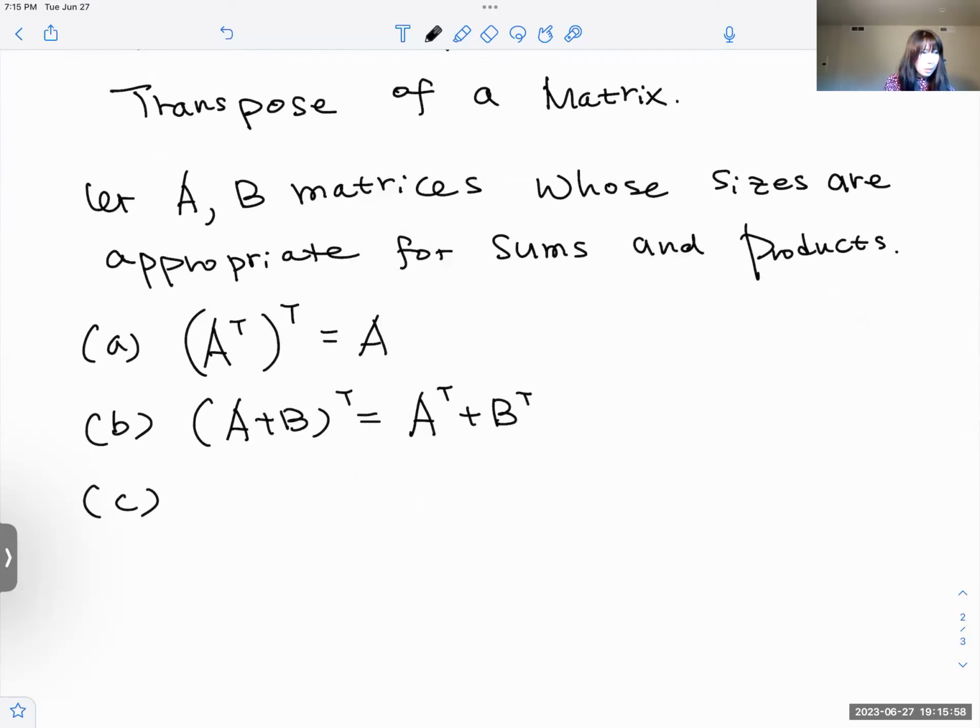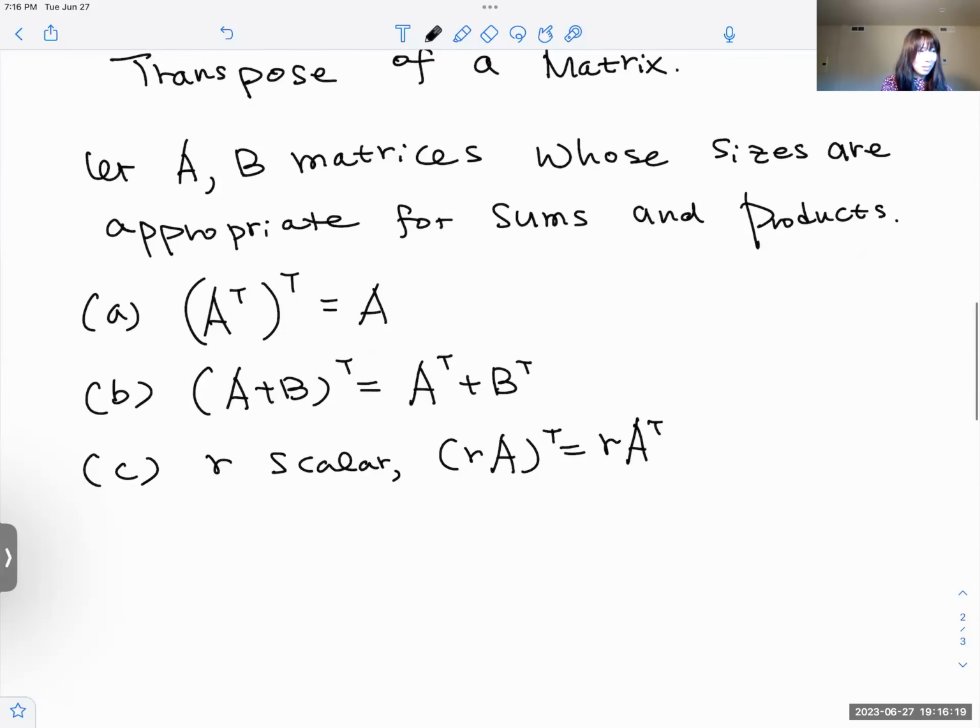And third, r is a scalar, a real number, so r A to the T power equals r times A transpose. And D: AB transpose equals B transpose A transpose.